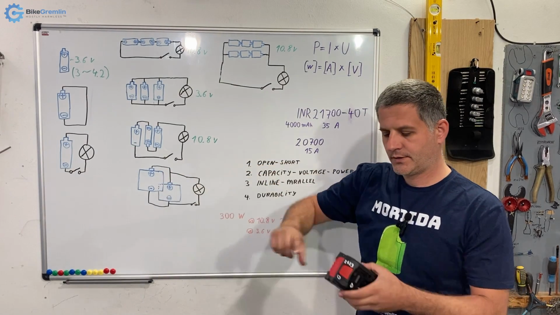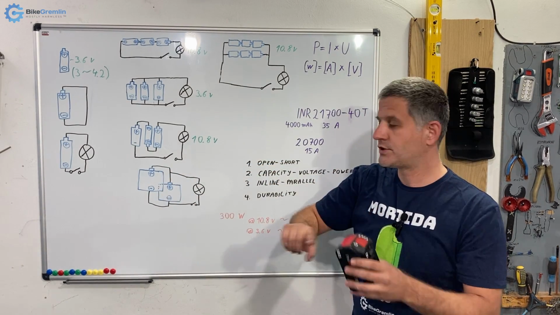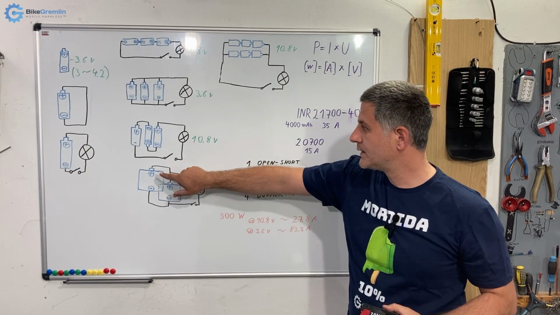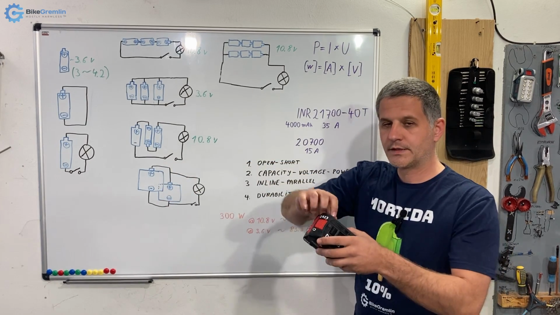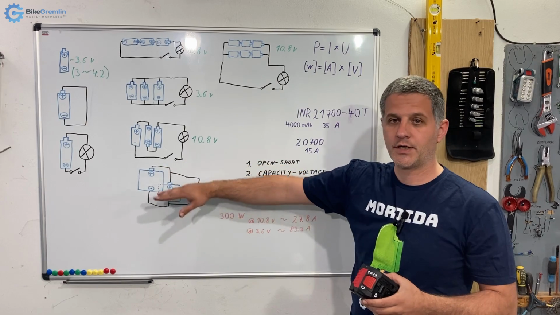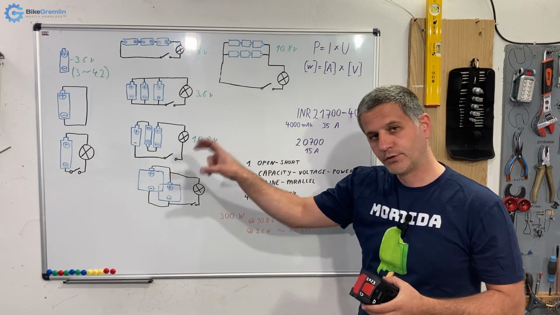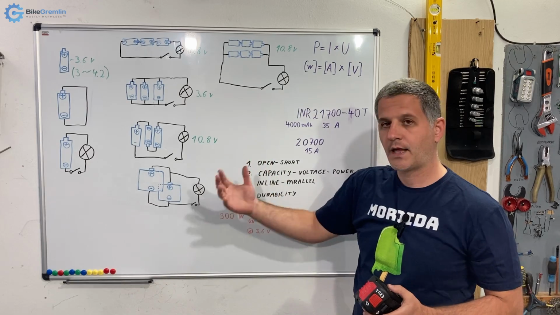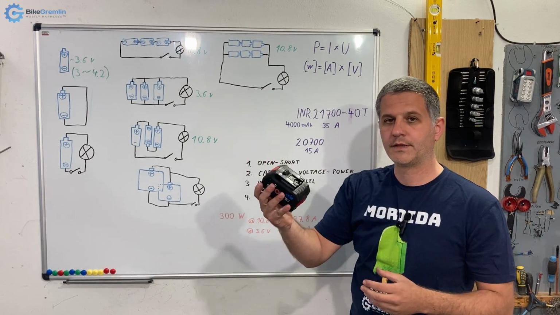So they have the 18 volt voltage, and they are set in parallel, 2 sets of batteries, so that the current flowing from either set is half. They share the total current that is sent to your tool, and that allows it to give you more power at any certain time.